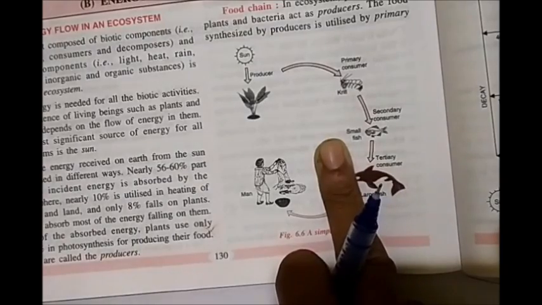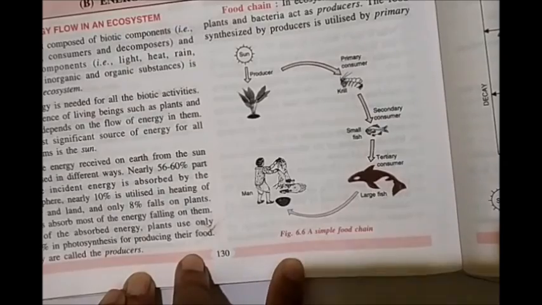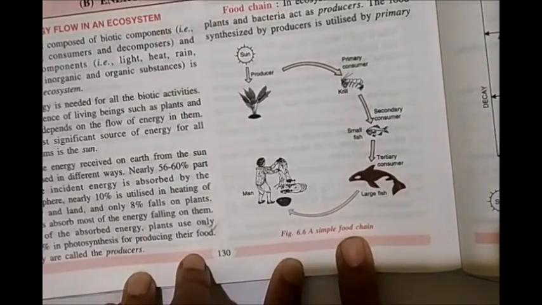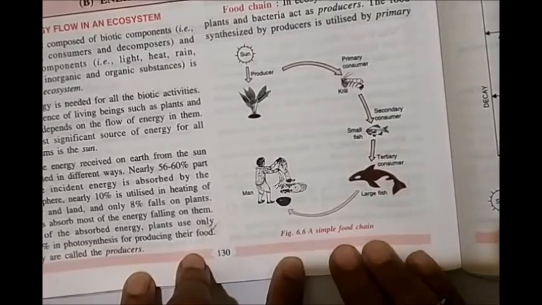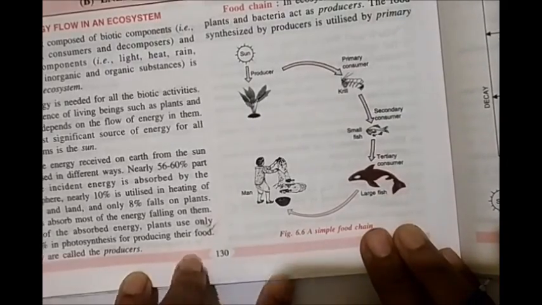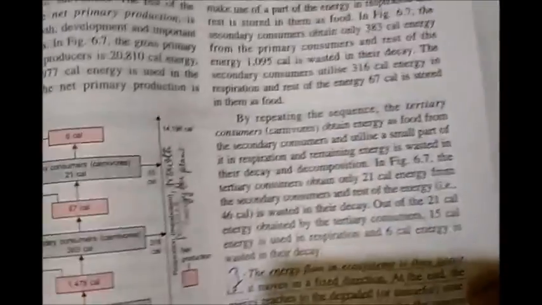Now we are going to see how some laws of physics can be applied to this food chain, or how this food chain follows some principles according to physics. So we are going to try and understand that. Now have a look at this table.